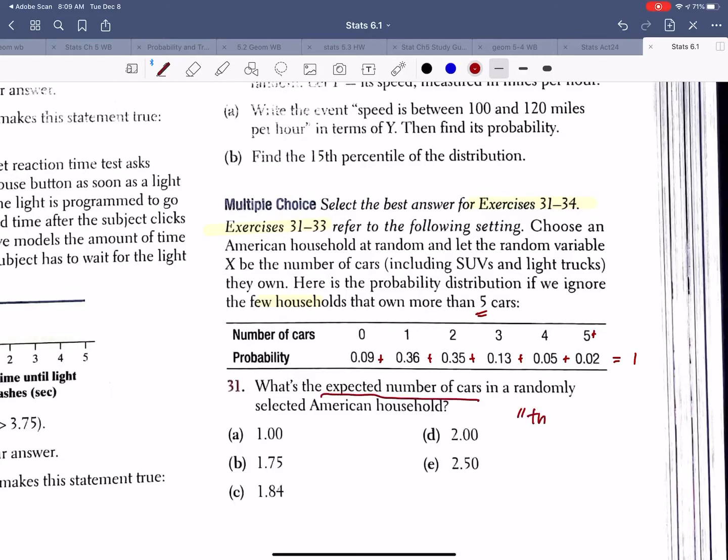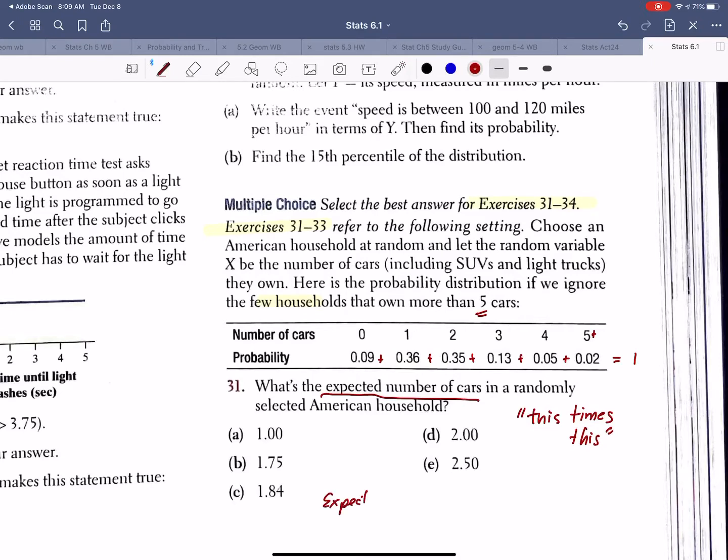Now, remember we took in our notes, I call it this times this. It sounds a little hokey, but it's how I remember it. So I'm going to take this times this plus this times this plus this times this plus this times this. Add all that up, and that's our expected value.